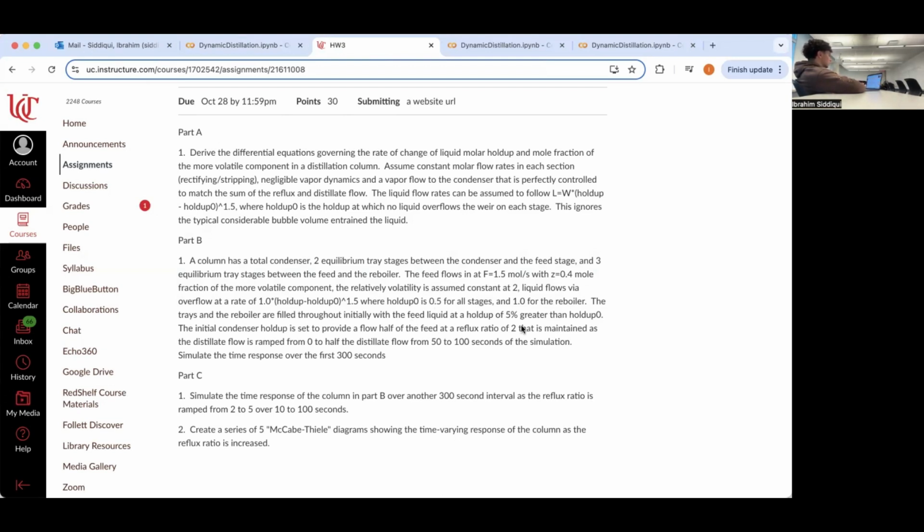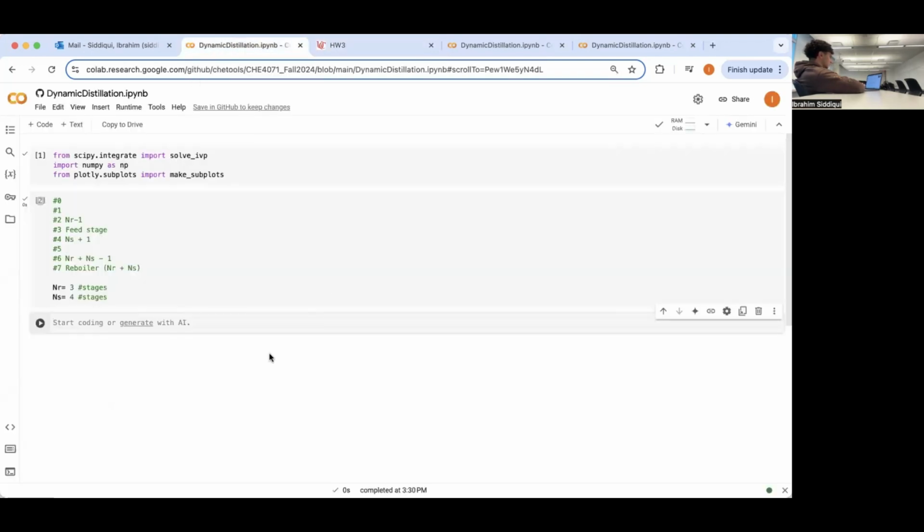We have feed equals 1.5, z, the composition of feed, equals 0.4. We also have our holdups, our distillate, our reflux ratio, which is 2, and our relative volatility, which is also 2.